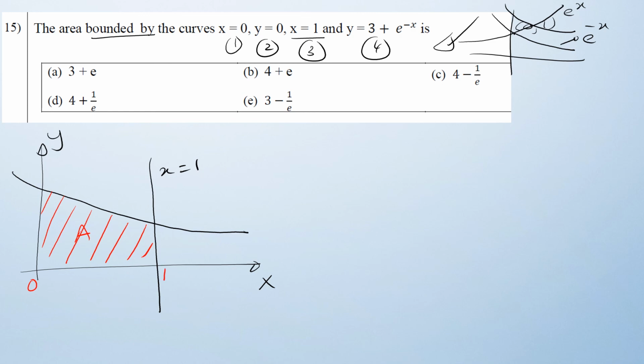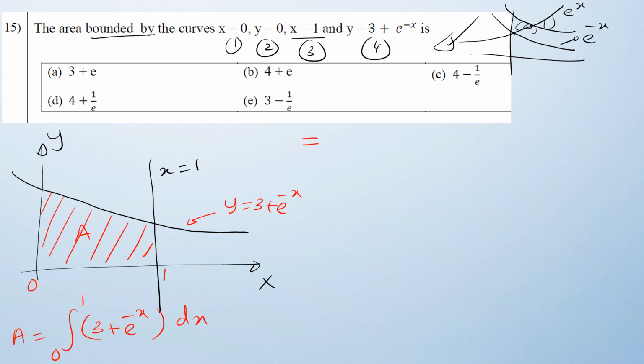You can find that by integrating y equals 3 plus e to the power minus x from 0 to 1, because the area under the curve is given by capital A. So capital A is given when you integrate from 0 to 1 the function 3 plus e to the power minus x dx. That is the required area.